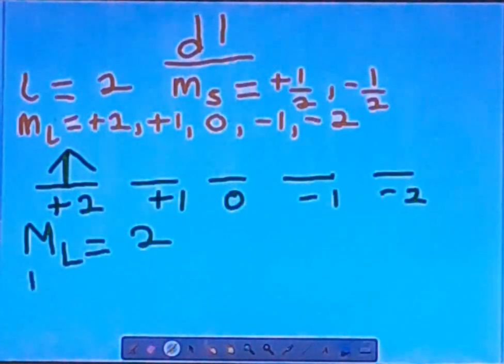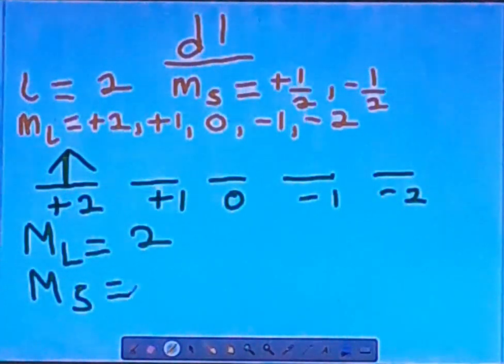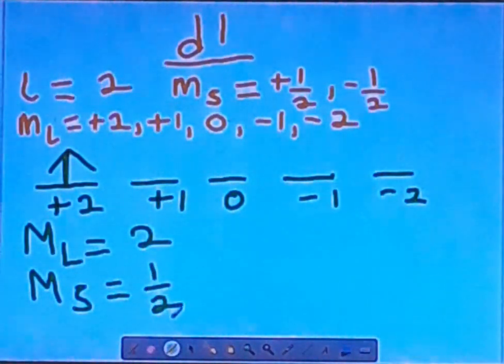Then we determine the total spin quantum number. The electron can spin either upwards or downwards. Upwards represented by plus half, downwards by negative half. Since we have only one electron and it is spinning upwards, we write the total spin quantum number to be half.